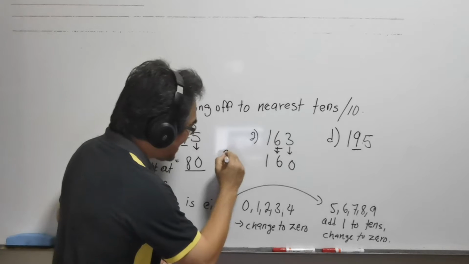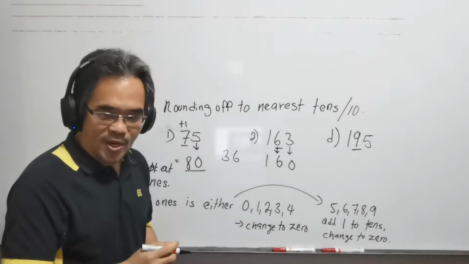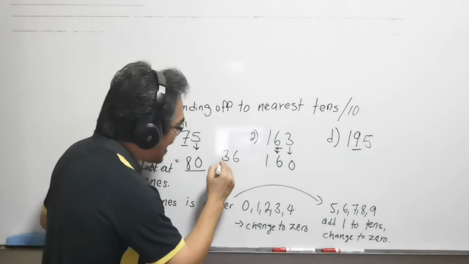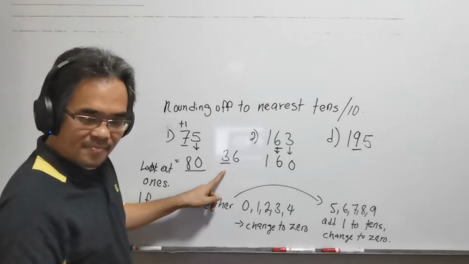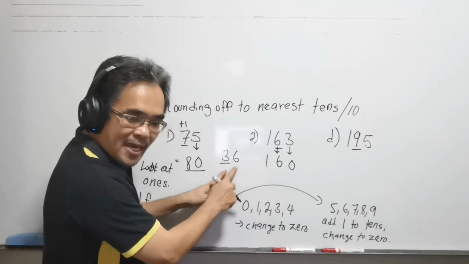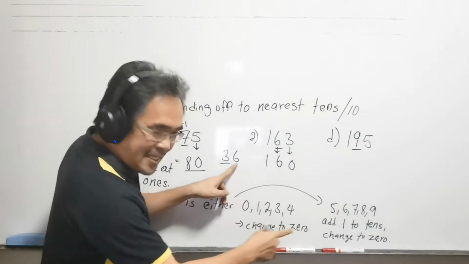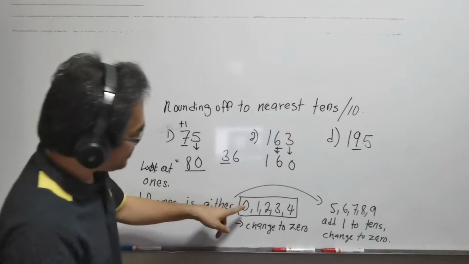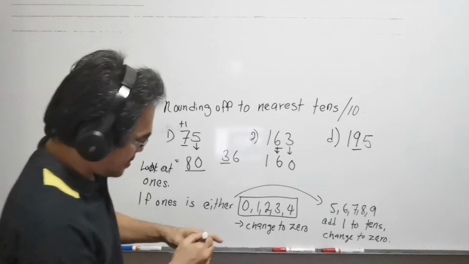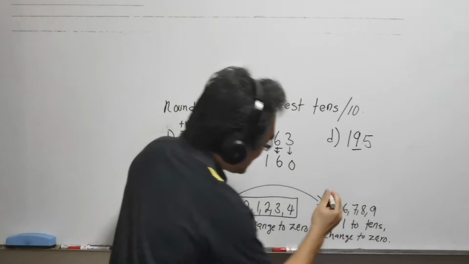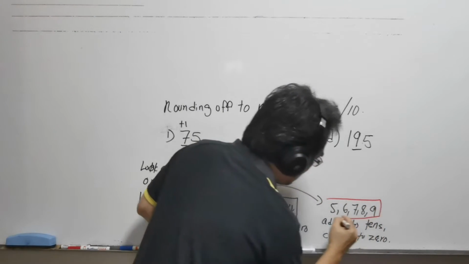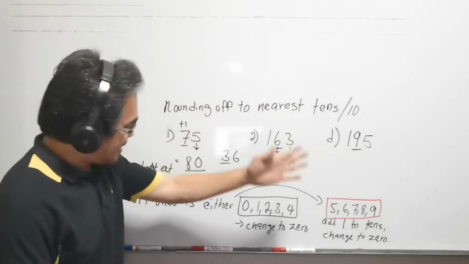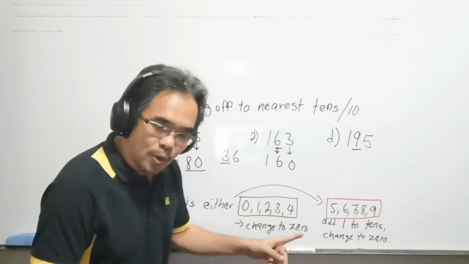This is your question, right? What do we have to do? Underline tens. And at the back, is the number in the black rectangle or is it in the red rectangle? In the red rectangle. So what do we have to do?